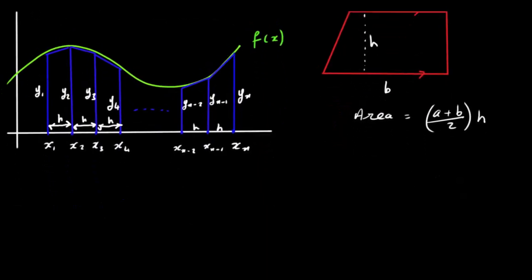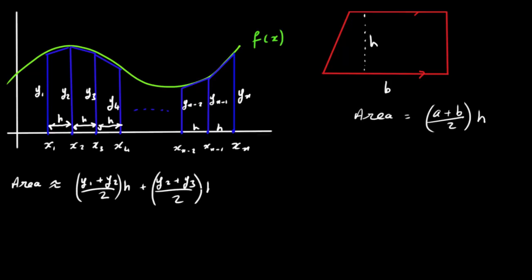So let's see, we want to find the area underneath the curve. The area is going to be approximated by the area of this first trapezoid, which is (y1 plus y2) divided by 2. That's this part here. And then we've got to multiply that by h, and that's the area of our first trapezoid. Our second one is going to be (y2 plus y3) divided by 2, multiplied by h.